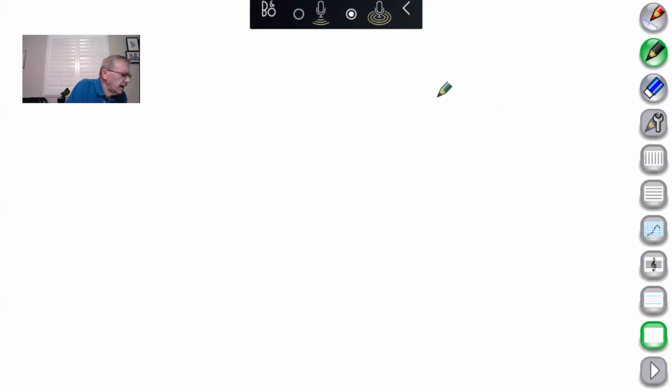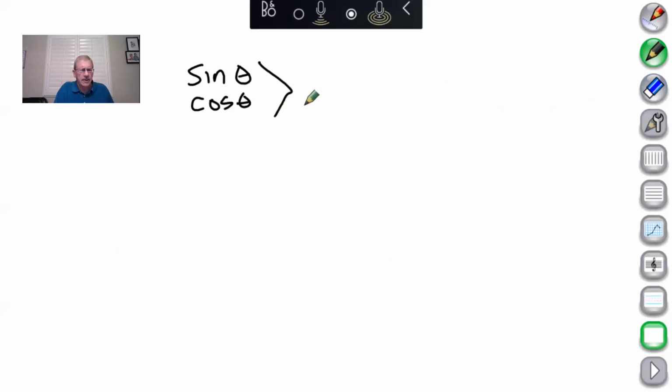Okay, example number 4, we're trying to figure out functions. And this will come in handy. This you'll probably figure out when you get a calculator. But the sine and cosine of theta are numbers that are smaller than 1, or larger than -1.